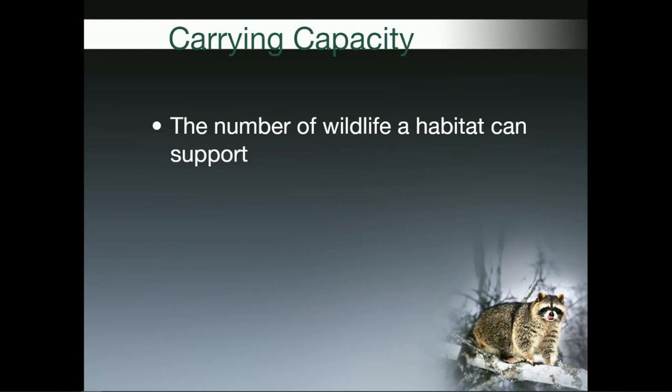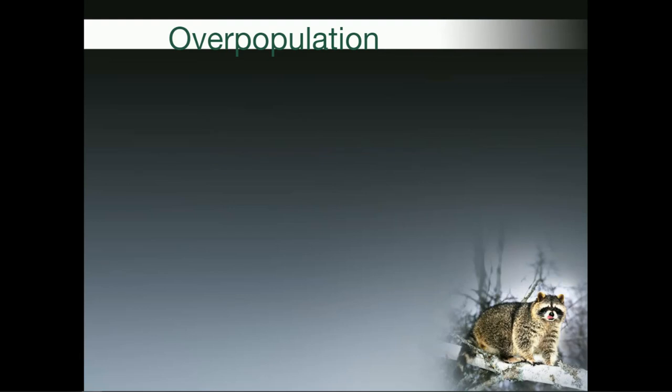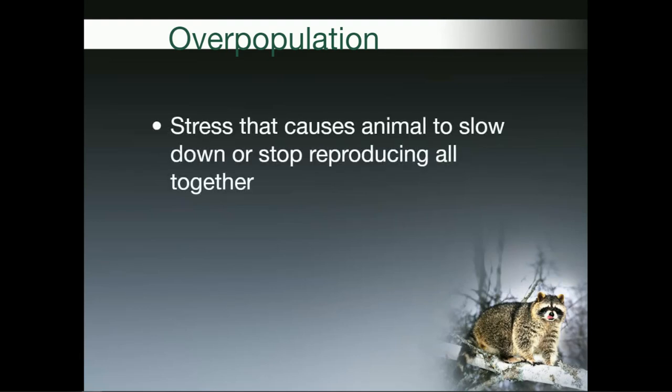So you may have a 3 acre plot of woods, but the carrying capacity for squirrels is going to be higher than the carrying capacity for deer. And that's because squirrels need a lot less area in order to live and live a happy life. Overpopulation can cause malnourishment, it can cause diseases. And once that happens, animals are going to be more focused on living than reproducing.